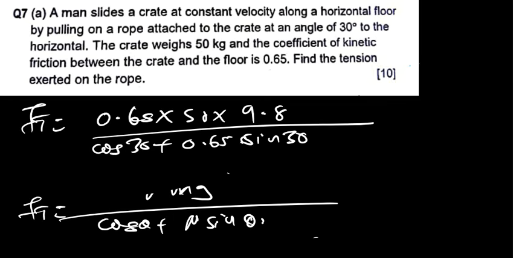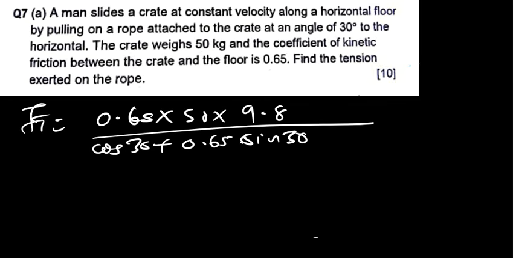So let's see what we're going to have. 0.65 times 50 times 9.8 on top gives me 318.5.